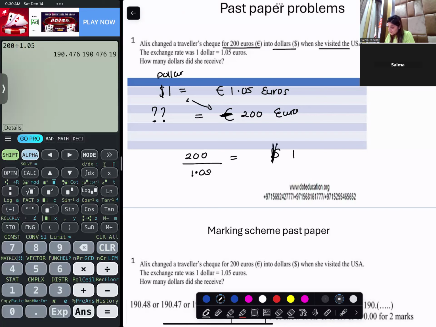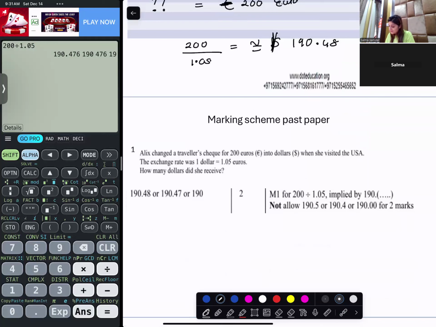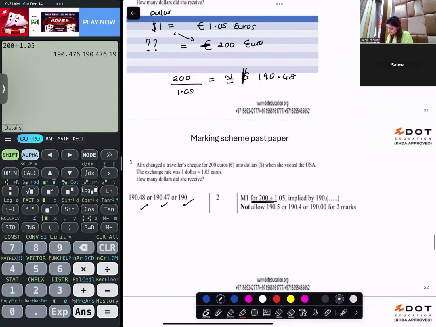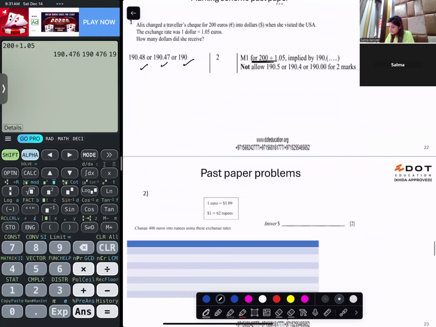So she received approximately 190.48 dollars. So you can write 190.47, 190.48, or 190. Anything is okay. Okay. You can also show your working. It's for 2 marks. What is not allowed is you cannot round it off to 190.5.